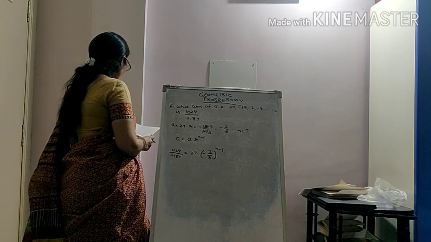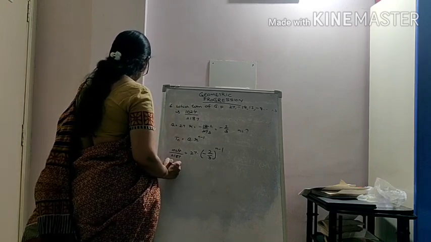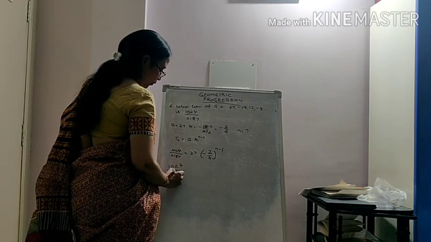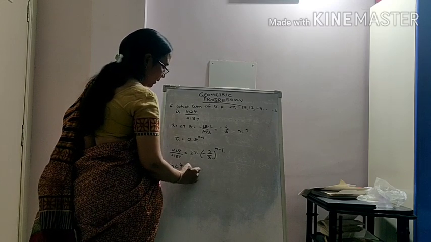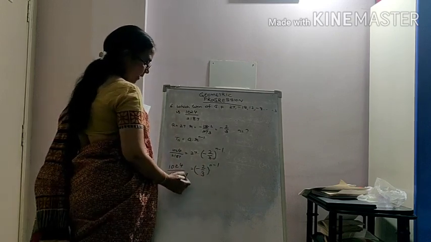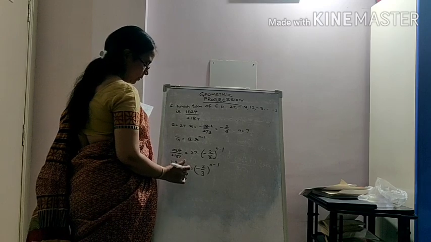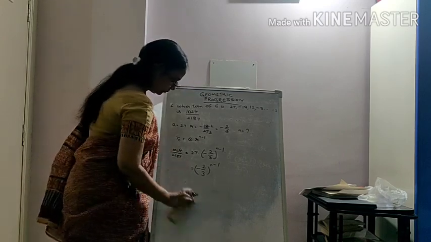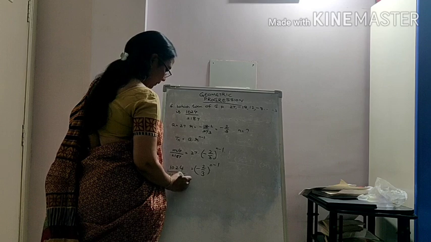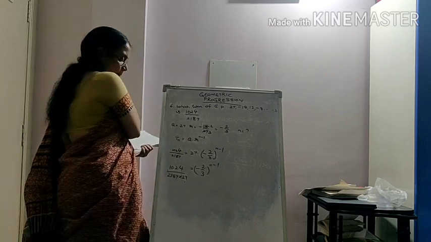Now 1024 upon 2187 equals minus 2 by 3 whole to the power of n minus 1, with 3 9s are 27, 3 3s are 9, 3 4s are 12, and then we will simplify this.